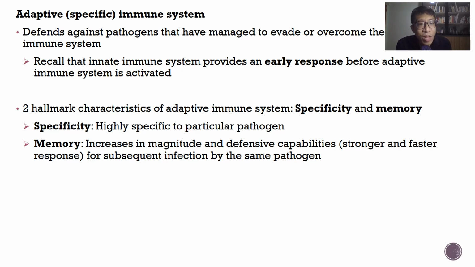So there is a difference for the second encounter and the third encounter of the same pathogen, which is not seen in the innate immune system, because as we looked at last lecture, the innate immune system treats every encounter, even of the same pathogen, as if it is the first time. So there's no memory of a pathogen that has been encountered before.